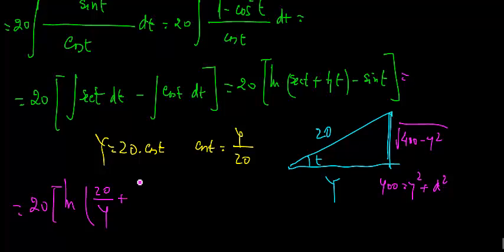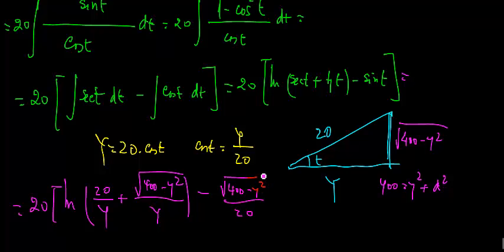Tangent of t is square root of 400 minus y squared over y, minus sine of t, and sine of t is square root of 400 minus y squared over 20 plus a constant, okay, and this constant belongs to the set of the reals.